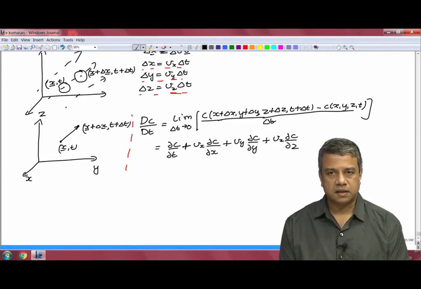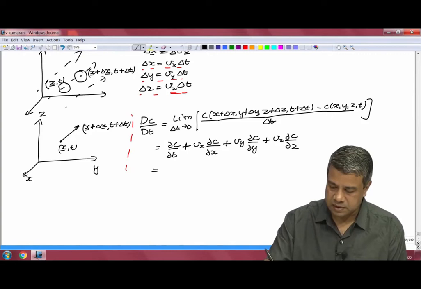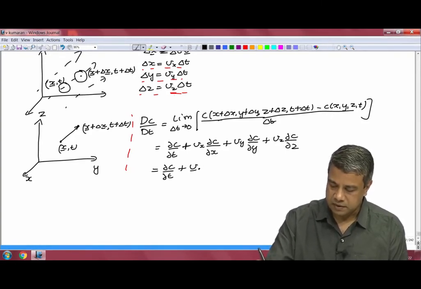That is it in component form. And if I were to write the same thing in vector notation, I will get partial c by partial t plus v dotted with grad c.